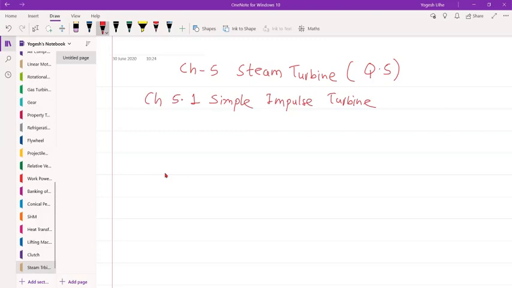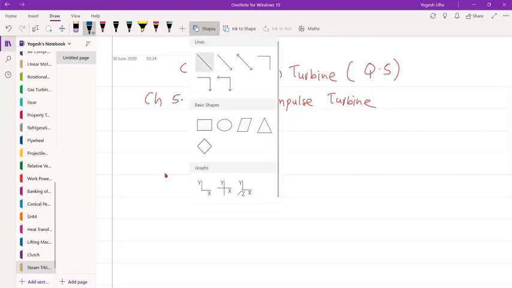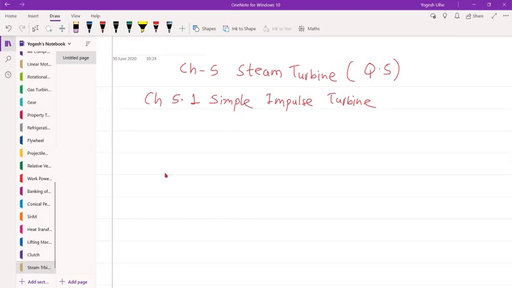Okay. Now guys, what does the simple impulse turbine consist of? Try to understand my point. This discussion is quite important to us. Suppose this is a nozzle. I am drawing a nozzle.